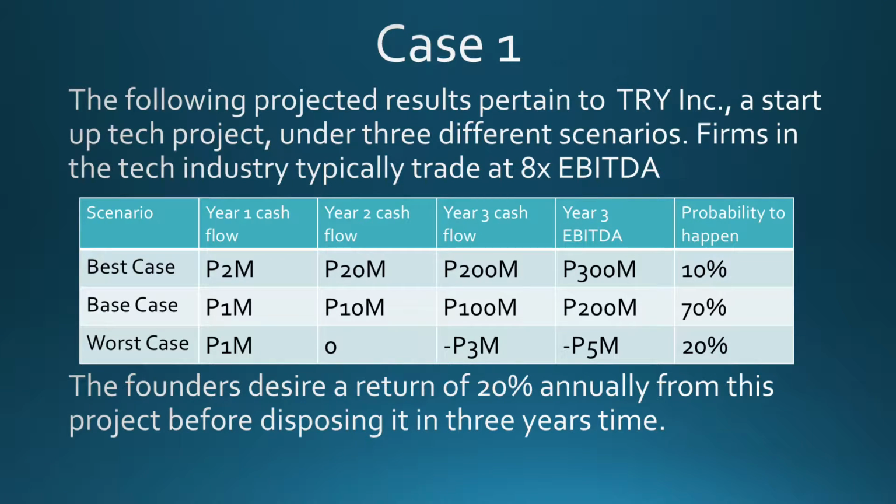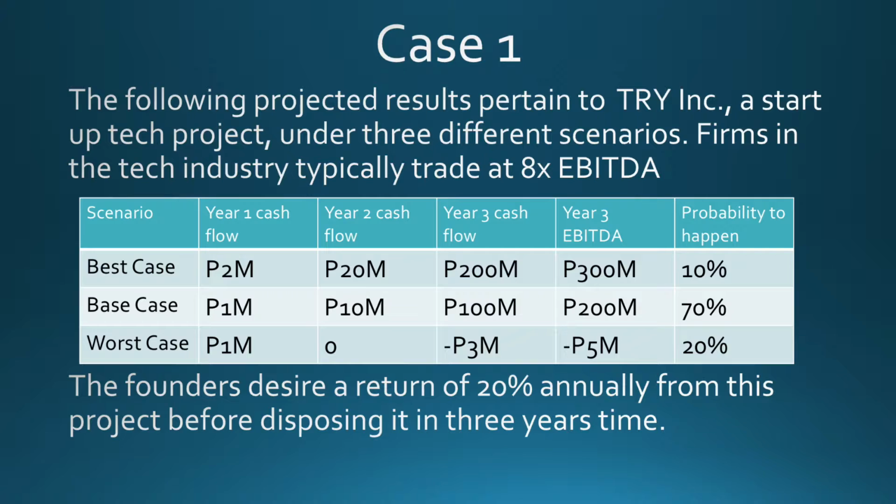Case 1. The following projected results pertain to Try Incorporated, a startup tech project, under three different scenarios. Firms in the tech industry typically trade at 8 times the EBITDA, and the following scenarios are given for the best case, base case, and the worst case.